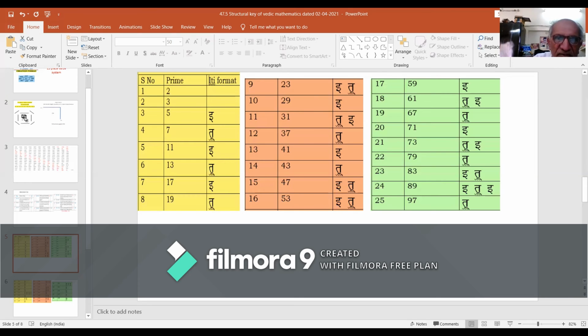Now this sequence continues, and when we go from 23 to 29, the value difference between 29 and 23 is 6.